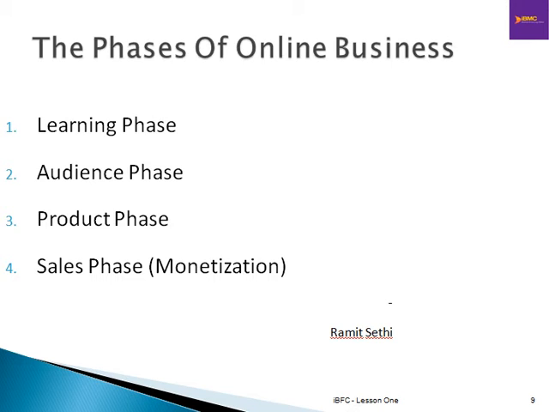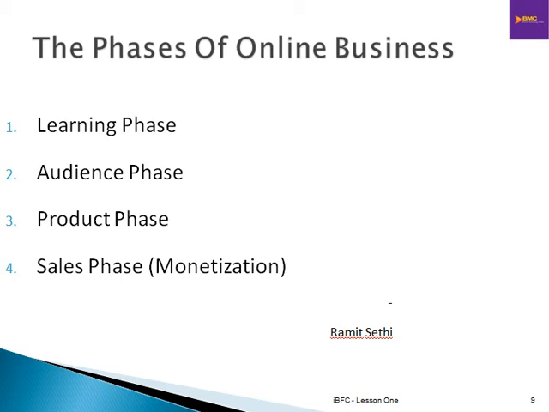There's learning. The learning phase is number 1. Then the audience phase. Of course, there's some arguments online among the gurus, which comes first, audience or products. It depends on where you stand. Then there's the product phase, and then the sales phase. The sales phase is sometimes called the monetization phase.